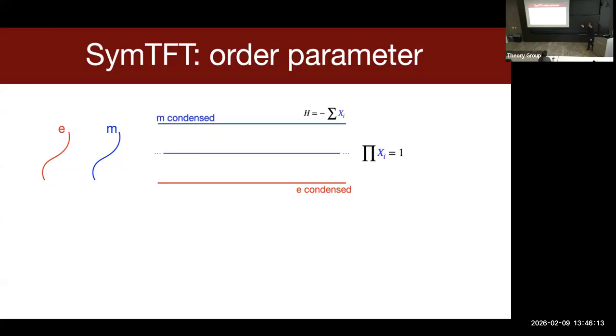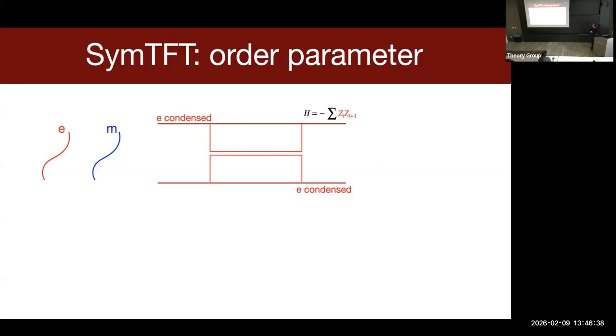You can kind of just pictorially see this if you identify the M lines with X's, so you can just read off from this picture that this has the right ground state expectation value.